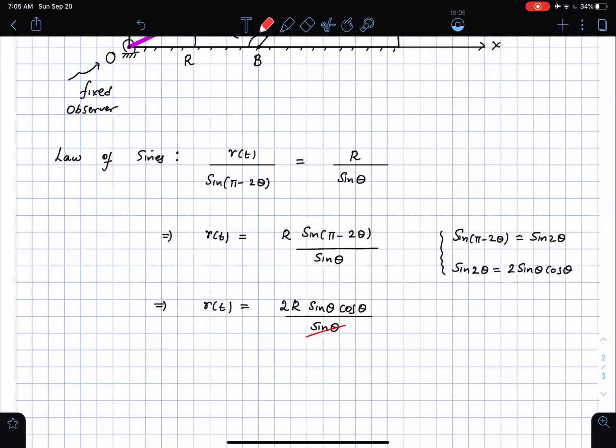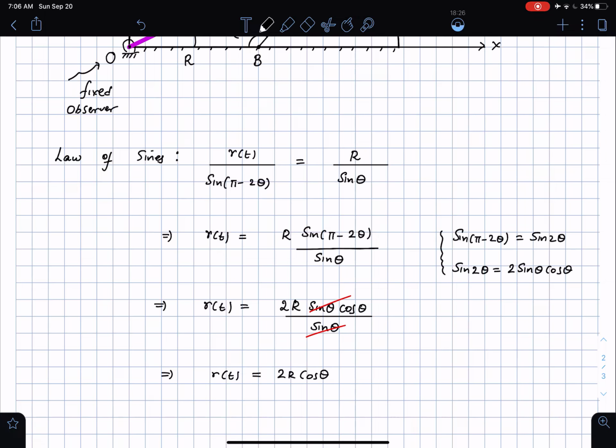So this is cancelled off and that's cancelled off. Bad habits, I keep going back to my color palette there. I'm still trying to get used to it. Okay, so this means essentially that r of t is equal to 2 times capital R times cos theta.